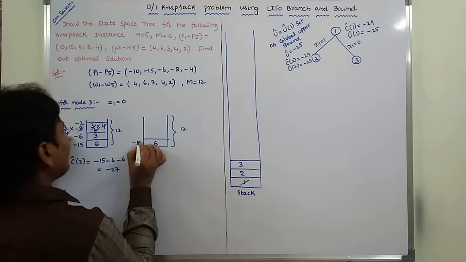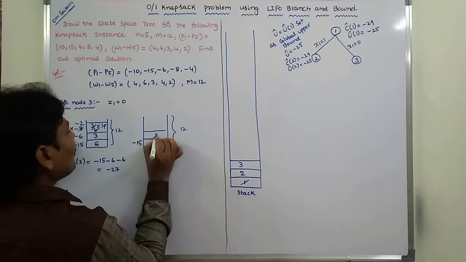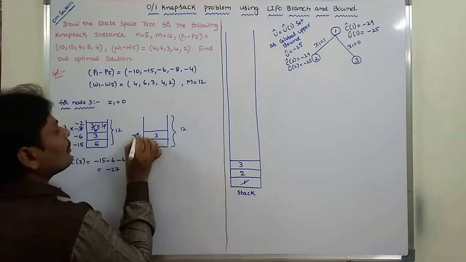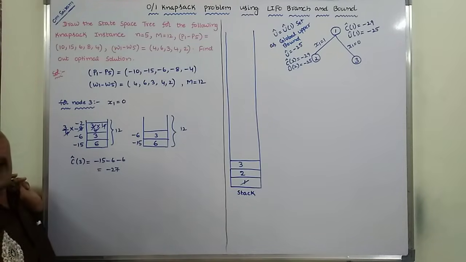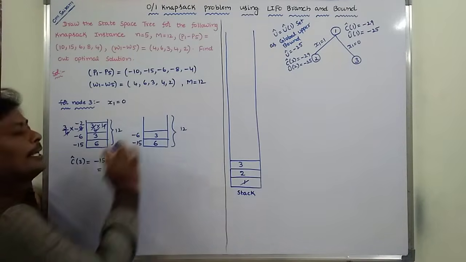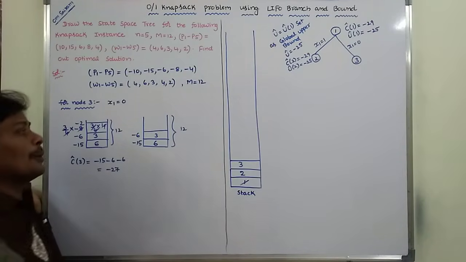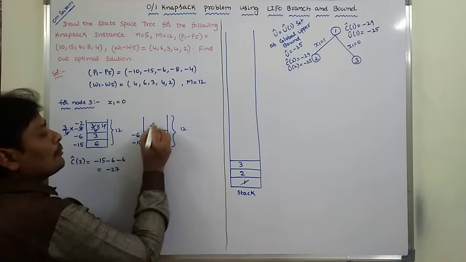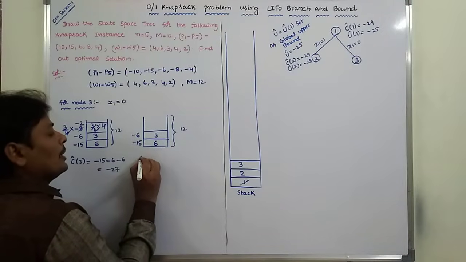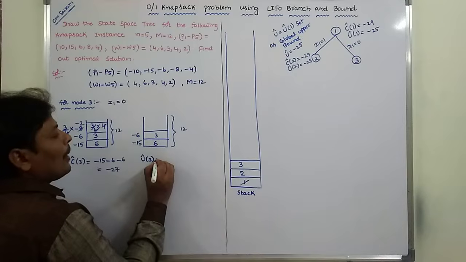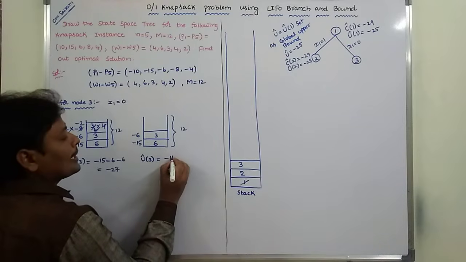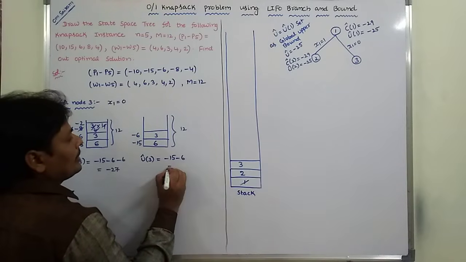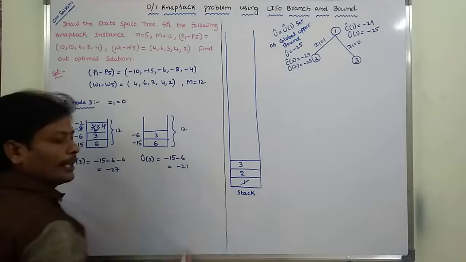The fourth object is not completely placed into the knapsack. Only a fraction of the fourth object is placed. So fractions are not allowed while calculating U cap. So therefore U cap of 3 is equal to minus 15 minus 6, that is minus 21.